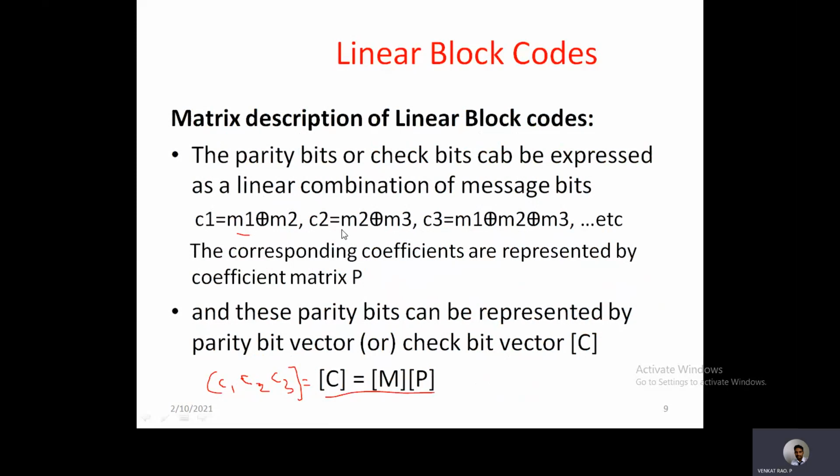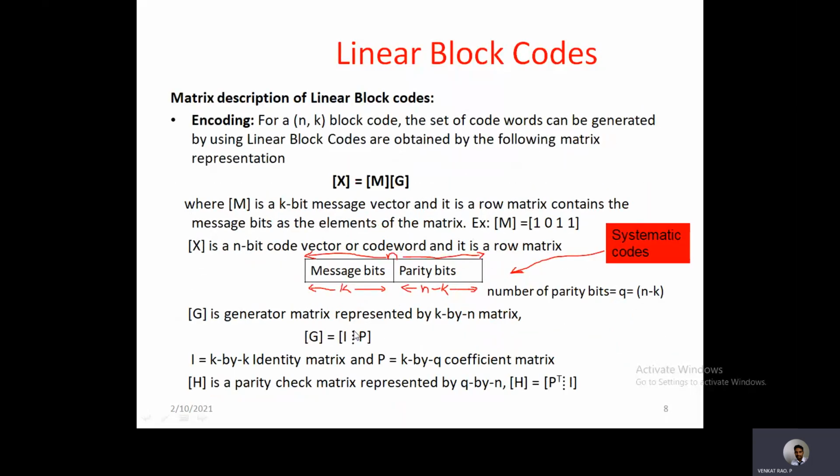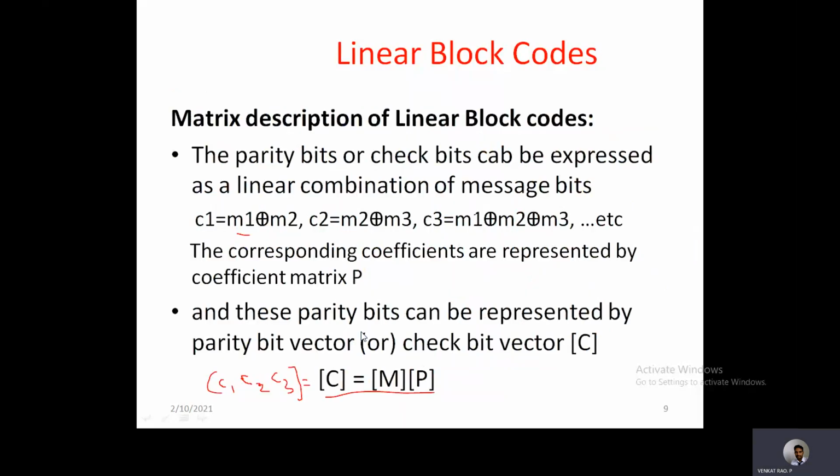So these message bit elements are multiplied with either 1 or 0. Those values are known as coefficients. The corresponding coefficients are represented by the coefficient matrix P, which is already represented in the generator matrix. If you know the generator matrix, you can find P separately and substitute it here.